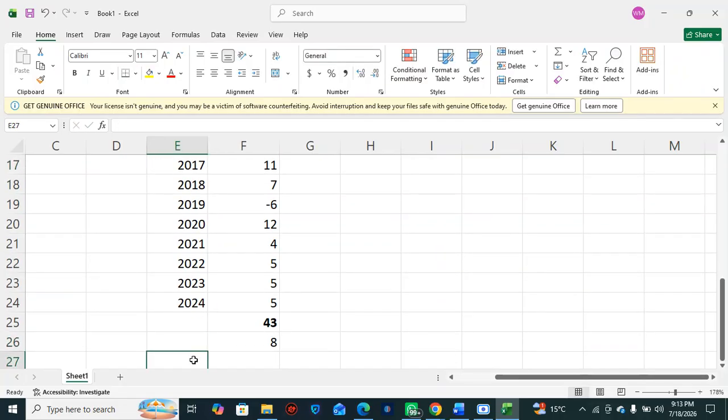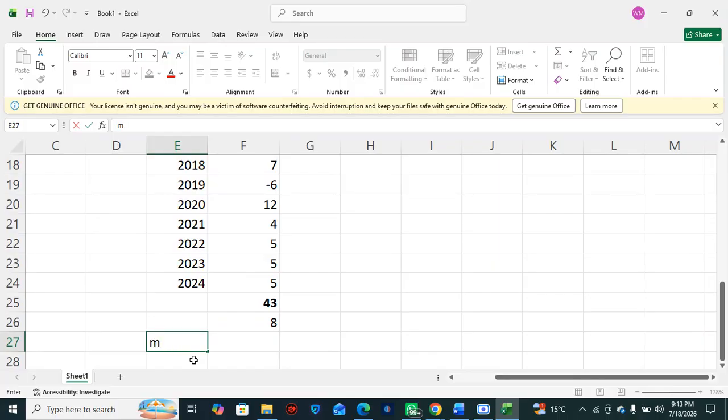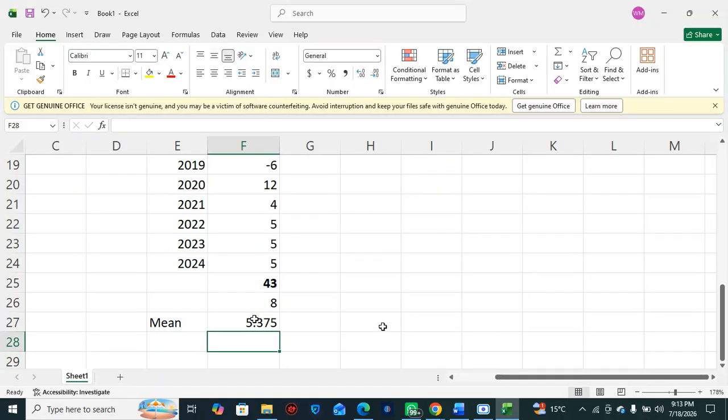So the mean return, the average return, is 43 divided by 8, 5.375%. Okay, so that is our average return, 5.37%. Any questions? That is step one, calculate the mean.